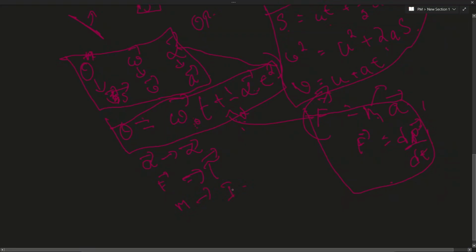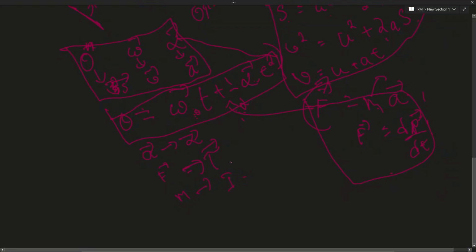Now it's getting very obvious here, but let's bear with it. So yeah, let's also say that the p's counterpart is something called L, where tau is the angular analog of force, I is the angular analog of mass, and L is the angular analog of momentum.